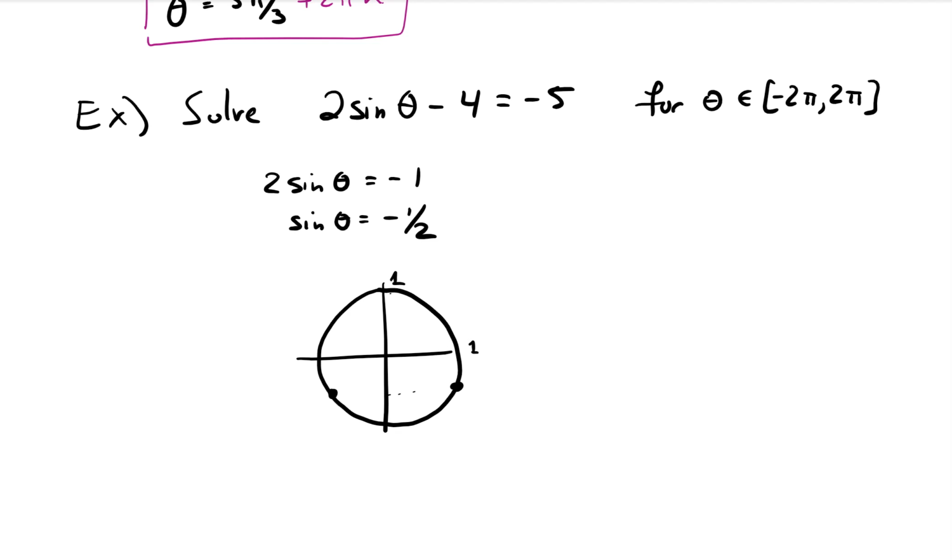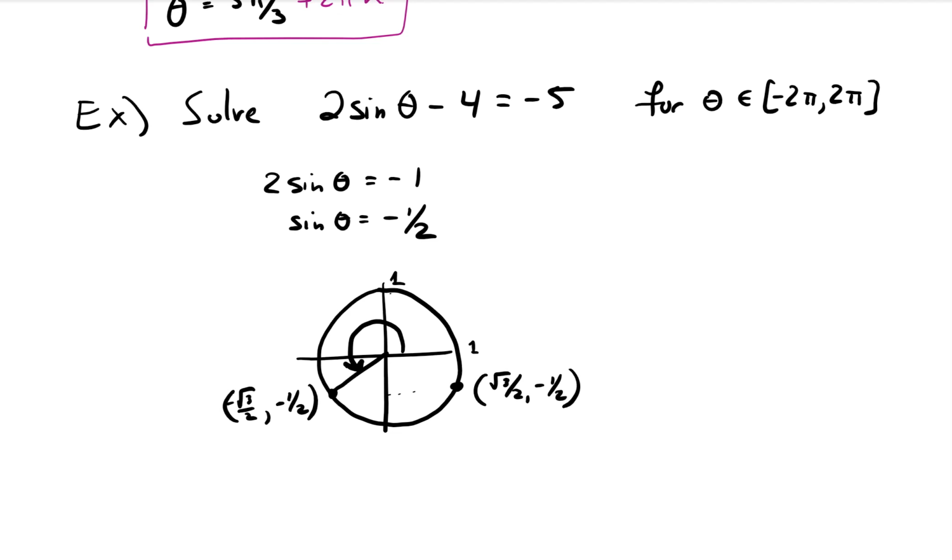So what are those angles? If the y-coordinate is minus 1/2, the x-coordinate is minus √3/2 here. And this one would be √3/2 and minus 1/2.